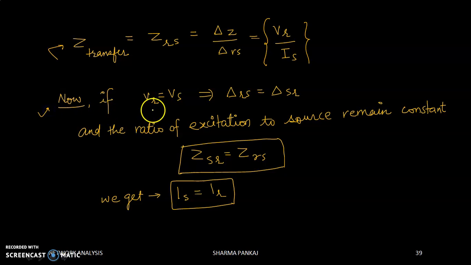Now, if VR is equal to Vs, then delta Rs is equal to delta SR, and the ratio of excitation to source remains constant. That is, Z_SR is equal to Z_RS. That gives Is is equal to IR. That is, the response in the Sth loop is equal to the response in the Rth loop. Hence, we have proved that.